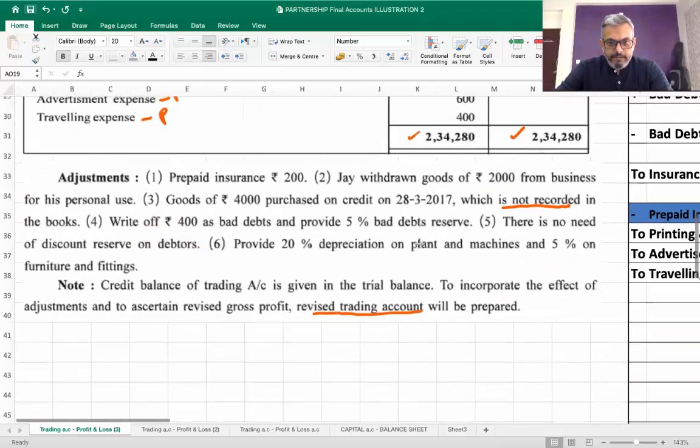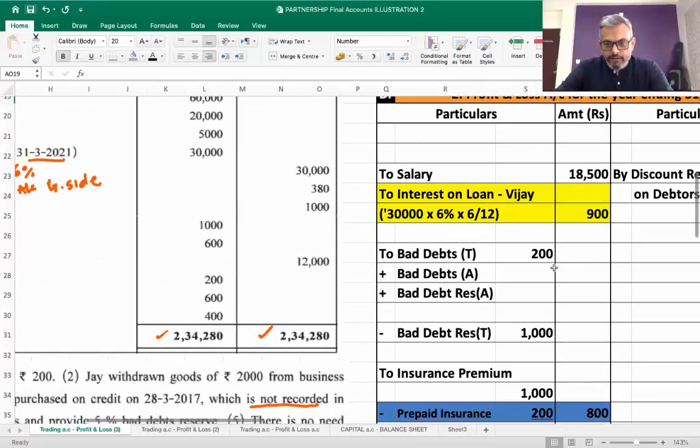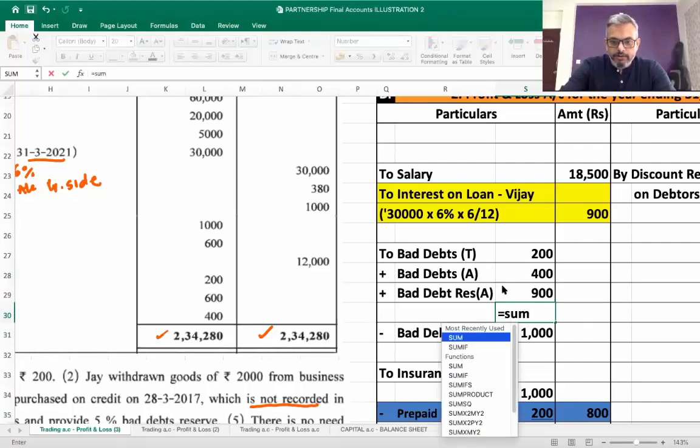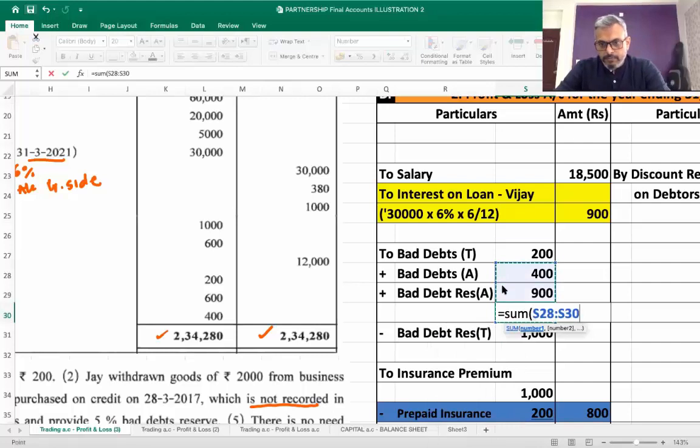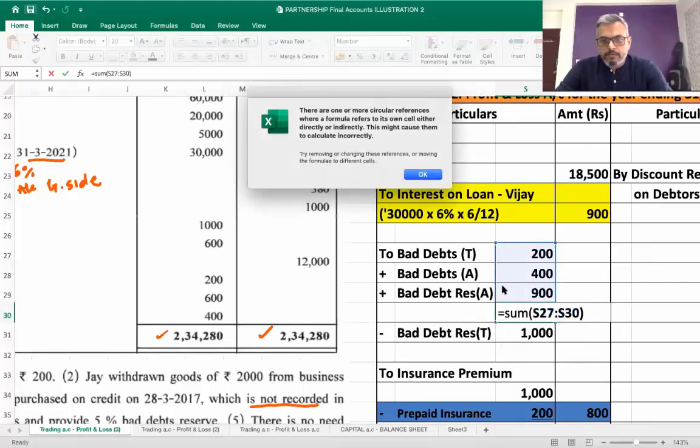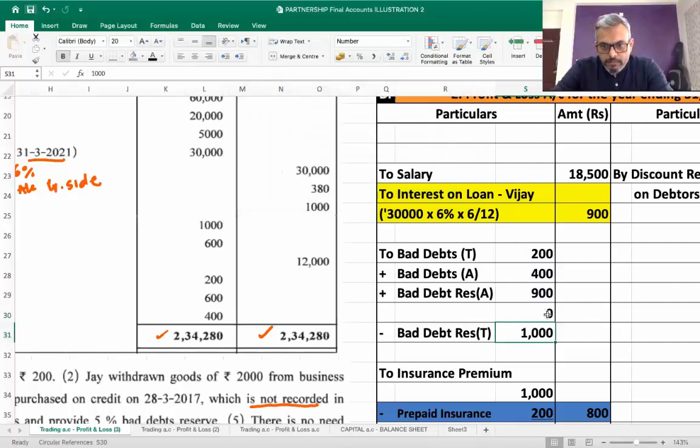Second effect, profit and loss account: bad debt as per adjustment is 400, bad debt reserve as per adjustment is 900. We can do the total over here, inner column. Okay, 900 plus 400 plus 200, 1500.